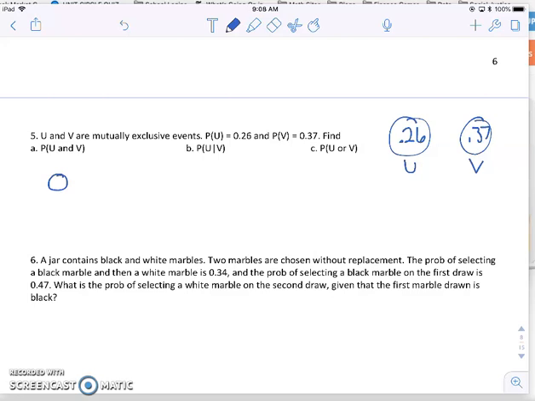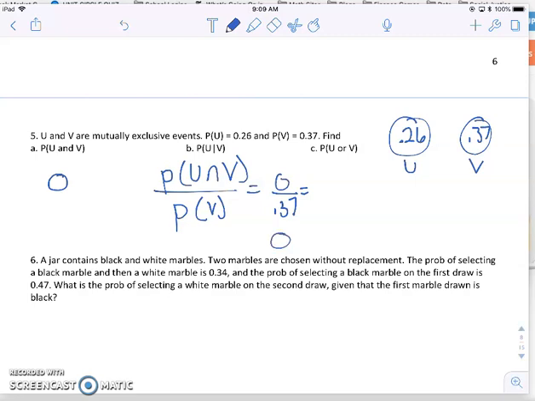The probability of U given V. So this is our definition for the probability of U and V divided by the probability of V. So we got 0.37, we know it's 0, so it would be 0. U or V, well, they're mutually exclusive, so we can just add them. The probability of one of them happening would be 0.63.